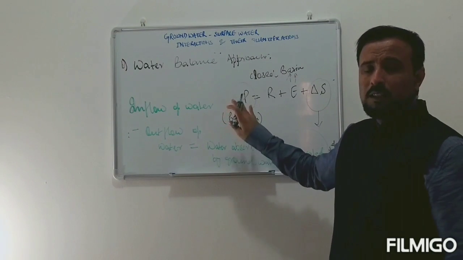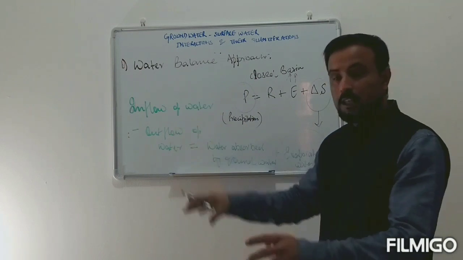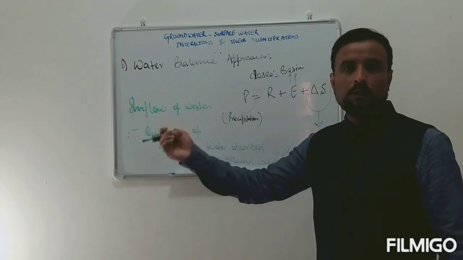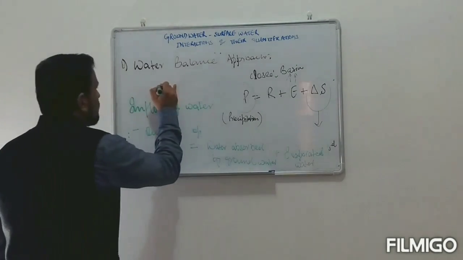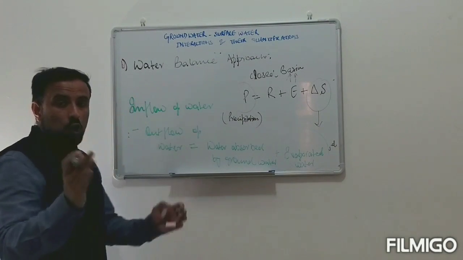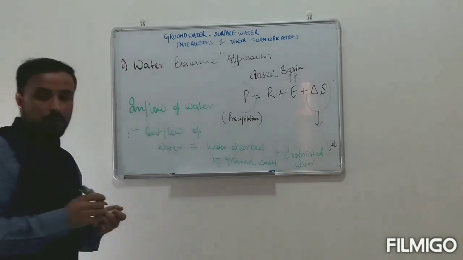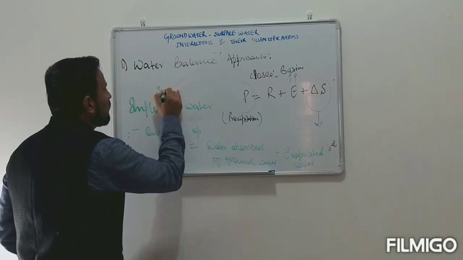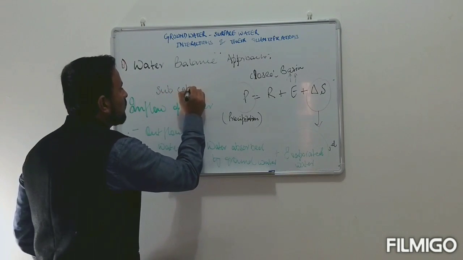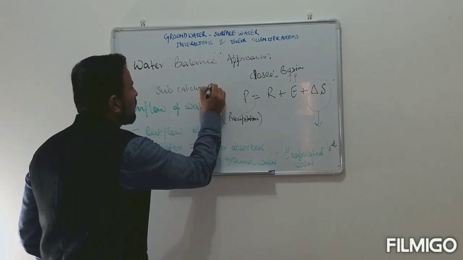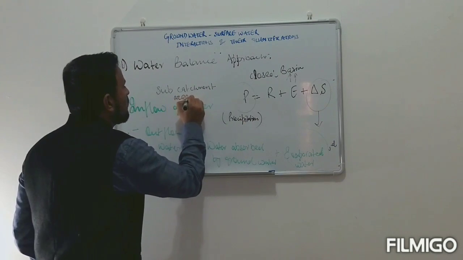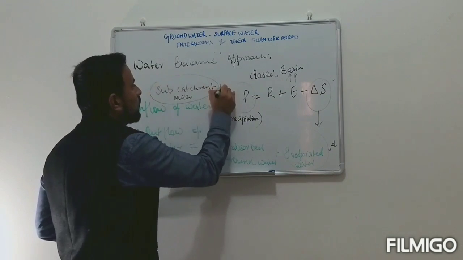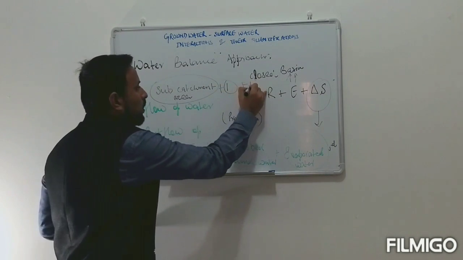So the catchment area where you are calculating the groundwater surface water interaction is sometimes divided into small sub-catchment areas. One small sub-catchment area, then one more here, and plus one more here, like this.